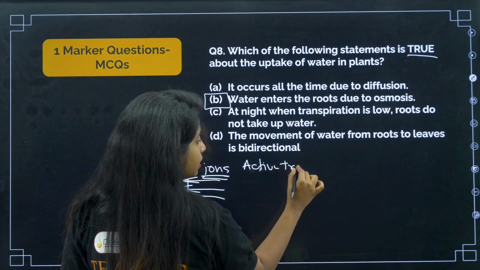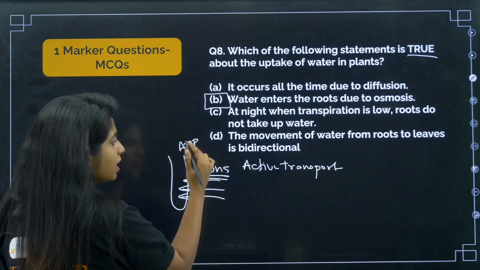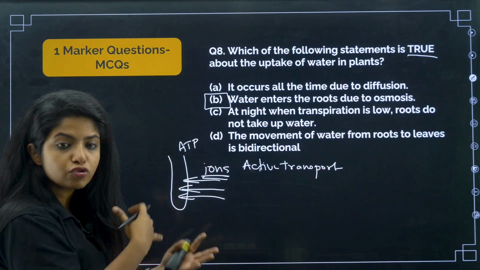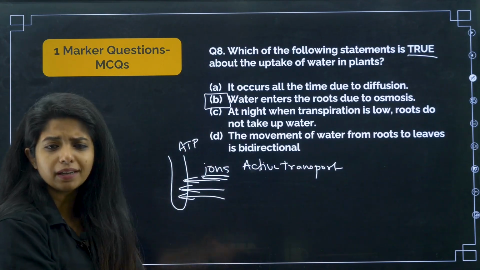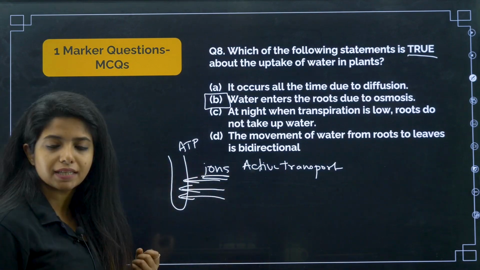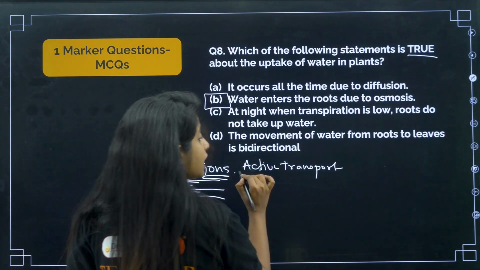That is, they spend ATP and say that we want to get inside the roots. Basically the roots said, I'll spend my ATP, you just get inside. So ions are very important, which is why ions get inside with the help of active transport.